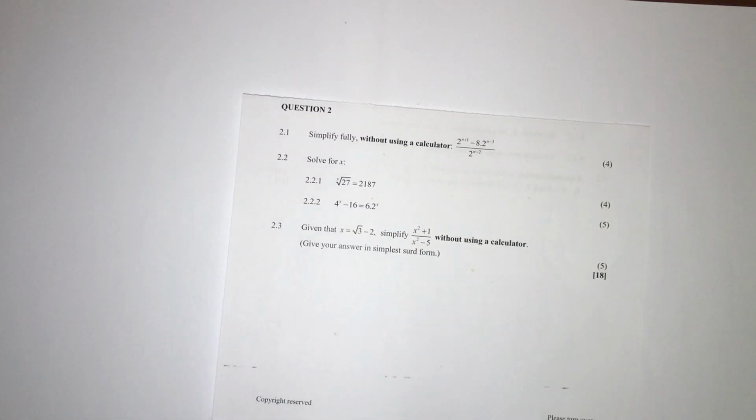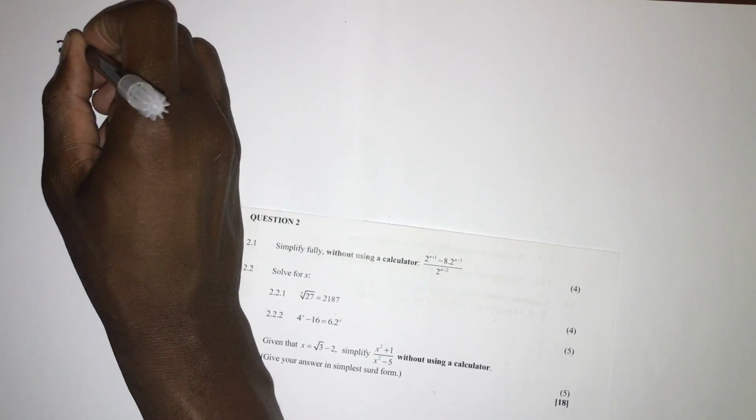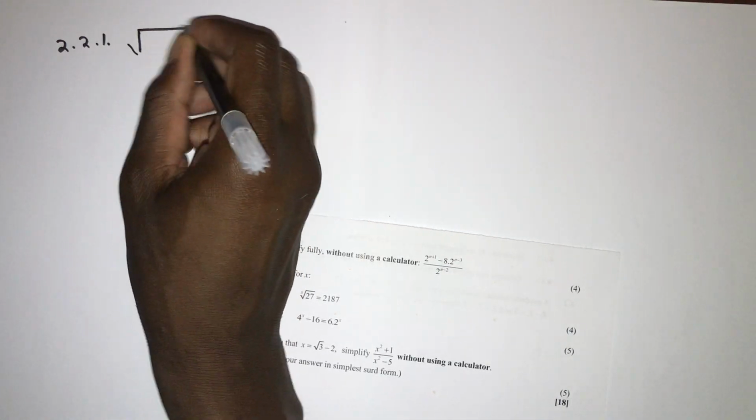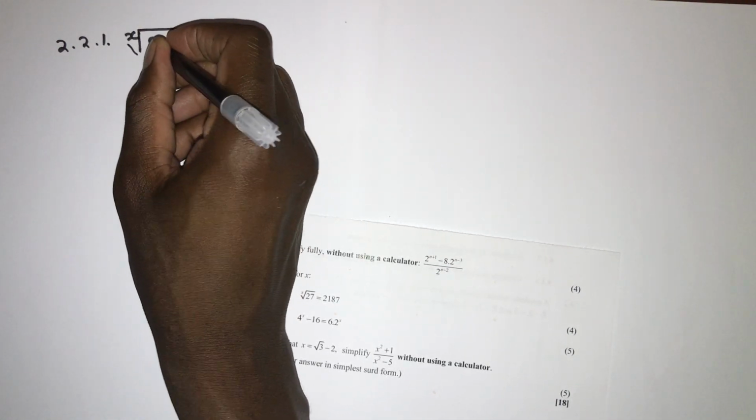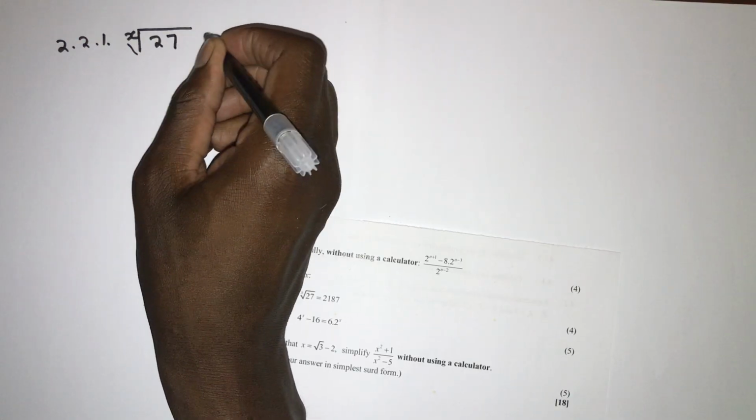2.2, it says solve for x. So we need the laws of exponents. So 2.2.1: root x of 27 is equals to 2187.